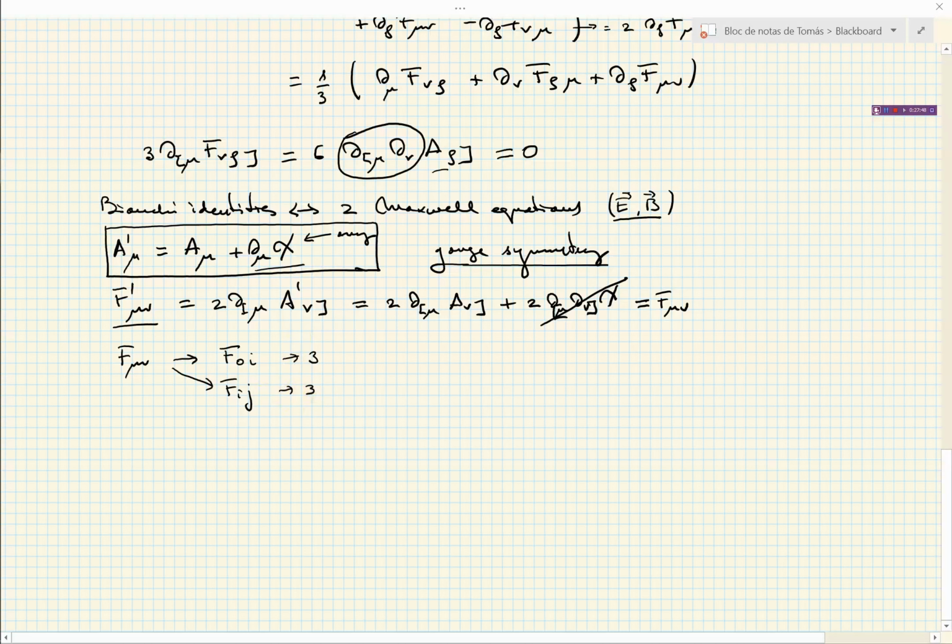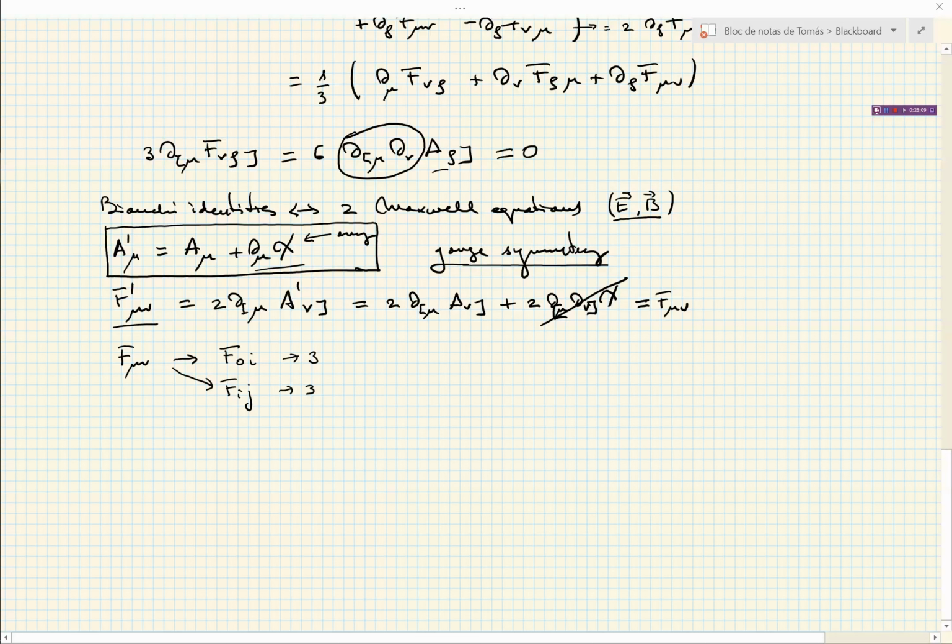How do I know this? Because there are only 3 possible combinations of 3 numbers taken antisymmetrically. So you have 1 2, 1 3, and 2 3, because 2 1 is minus 1 2, and so on. So there are 3 of them.